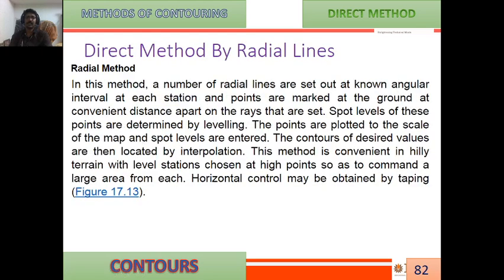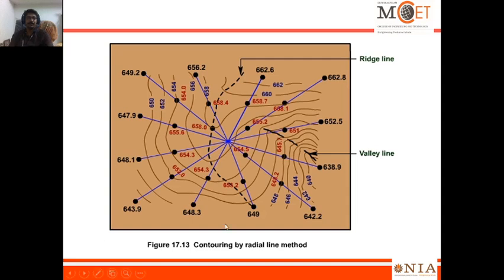The next direct method is the radial line method. What is the radial line method? From the figure itself I will try to explain. Suppose consider a hilly terrain. I place the instrument in a position such that I can make exact straight radial lines.